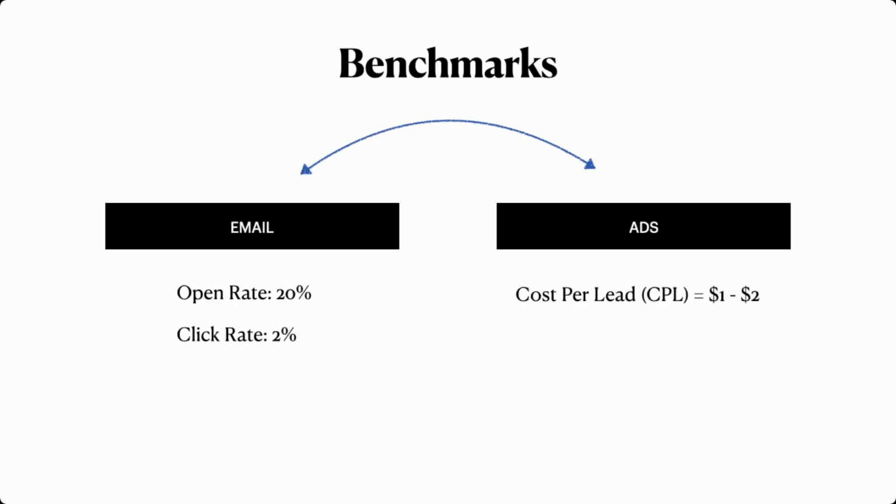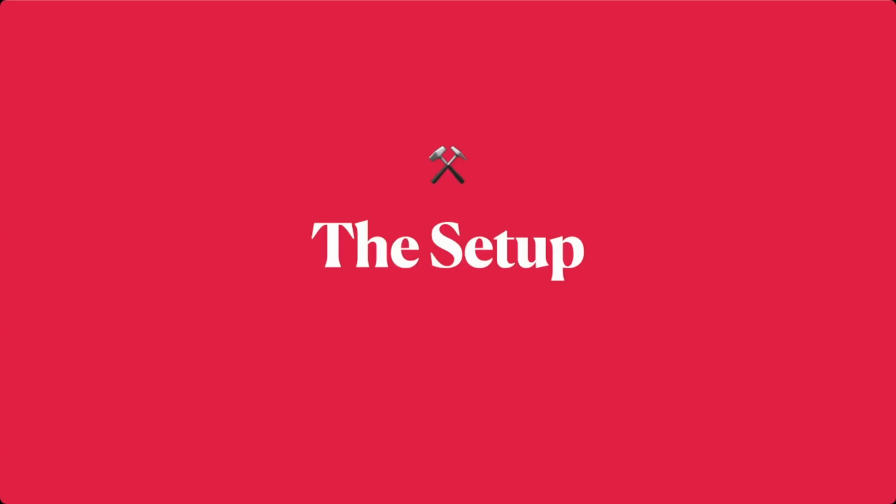In the same way, if you were getting a lead for 0.001 cents, but none of those leads were ever opening or ever clicking on your emails, it's kind of a waste of money. So you always want to cross-reference how much you're paying per lead versus how actually engaged those leads are, to decide if that's worth your time and your money and your effort. So with that said, let's keep moving along.